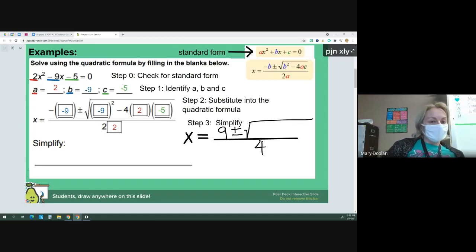We have -9 squared, which means -9 times -9, which is 81, minus, and I'm going to multiply all this out in this step. So I'm subtracting 4 times 2 times -5.